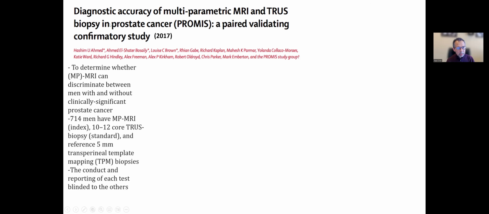In this study, they compared the diagnostic accuracy of multiparametric MRI with TRUS biopsy, using transperineal template mapping biopsies as the standard technique. And the conduct and reporting of each test was blinded to the others.